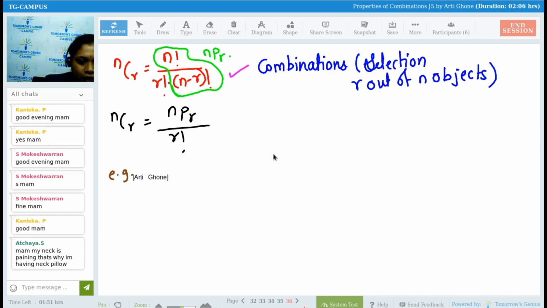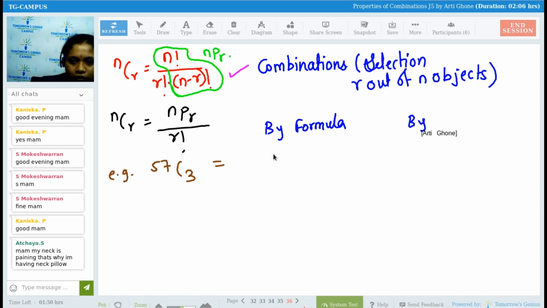For example, I want to solve 57C3. Clear? Now, with the formula, what is the answer? I'm going to give this calculation by formula, and this is by shortcut.